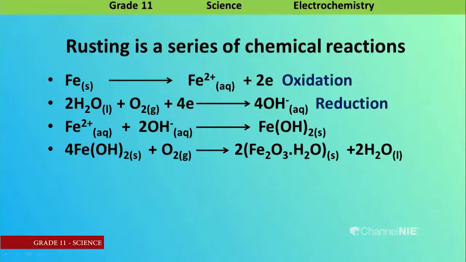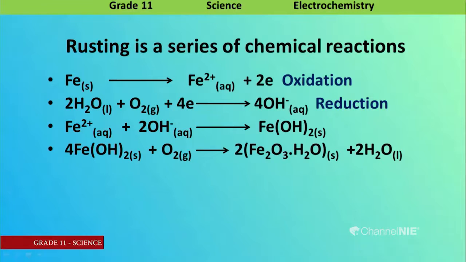Finally, this ferrous hydroxide further reacts with oxygen gas available in the medium and turns into ferric oxide. This is Fe2O3, ferric oxide, children. Why is there one H2O, dot H2O?